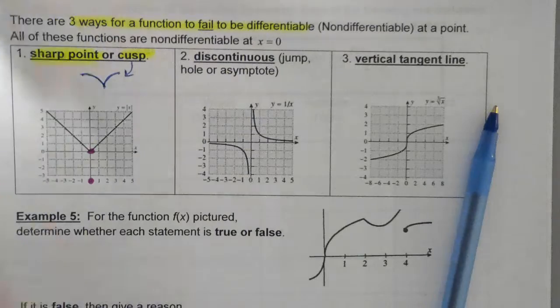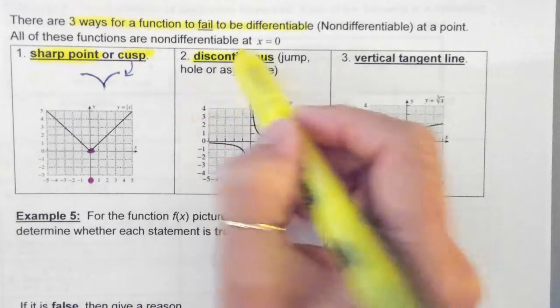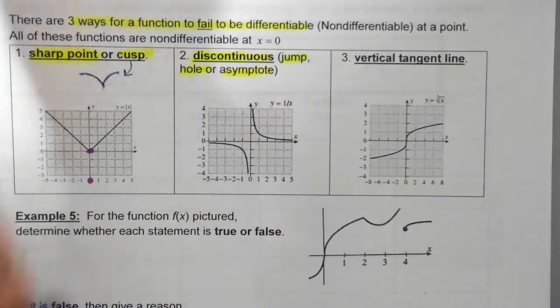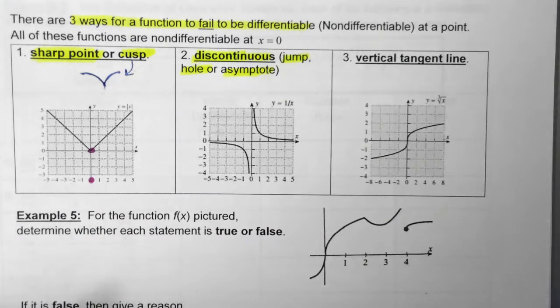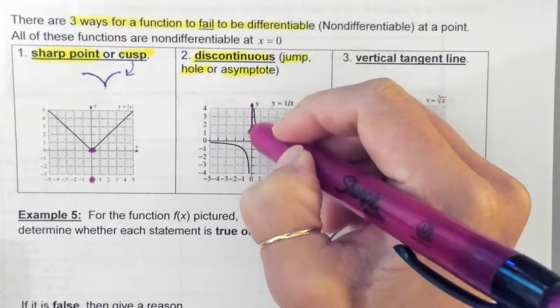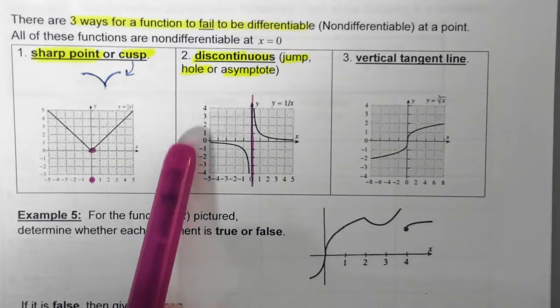Another place where a function would be discontinuous, and we did talk about this, was if you have a jump, a hole, or an asymptote. So when the function is discontinuous. So the example that we gave here was where you have a vertical asymptote. And again, in this case, it's where x is equal to 0. Okay? But you can evaluate the limit.